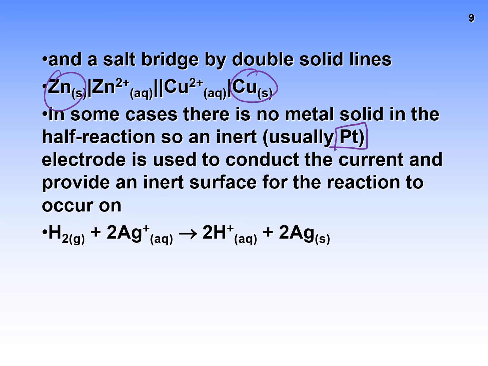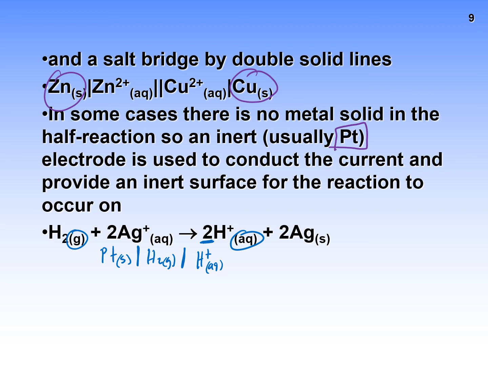But we don't have a solid part of our oxidation half reaction. So what we're going to do is write platinum solid to start. Write a vertical line. Again, those vertical lines indicate changes of physical state. So I have H2 gas here. And then another vertical line to do H+ aqueous. Now we don't include the stoichiometry in cell notation generally, so this 2 here I won't include.